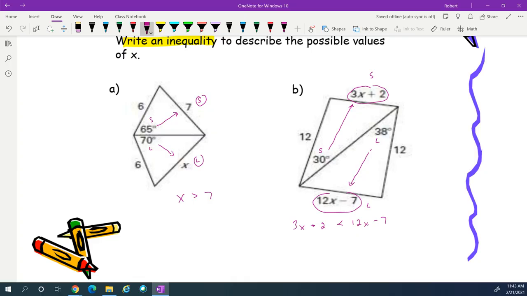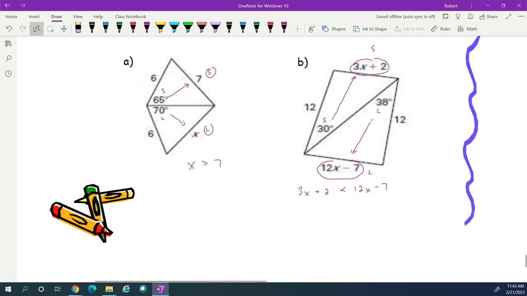And we're going to have to use some algebra skills here to solve for x. Remember, when you're solving an inequality, the only difference is when you multiply or divide by a negative, then you flip the inequality symbol.